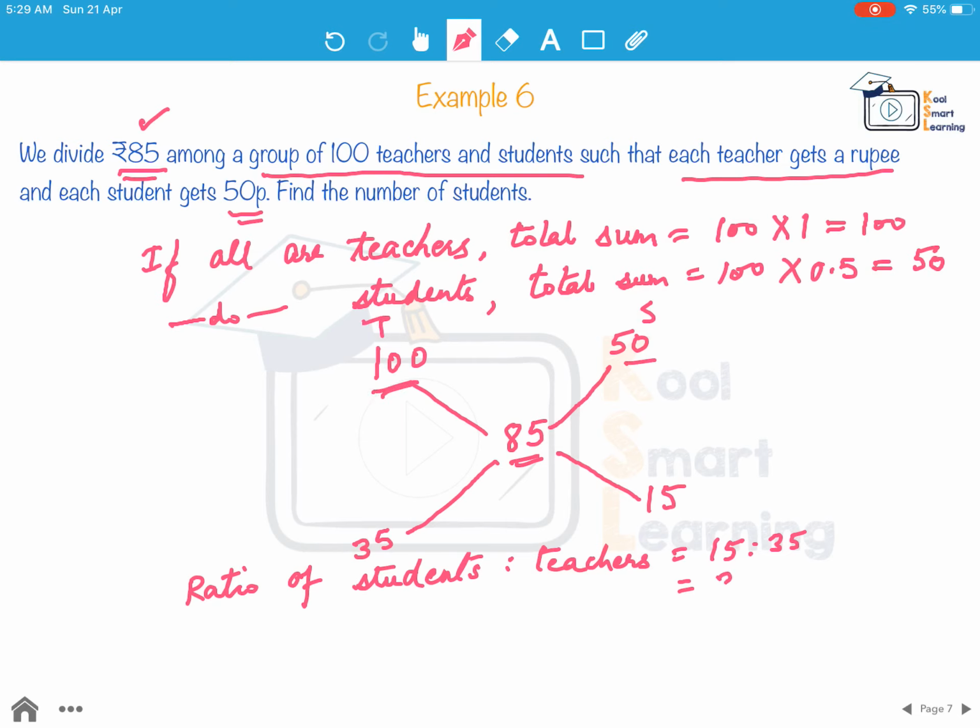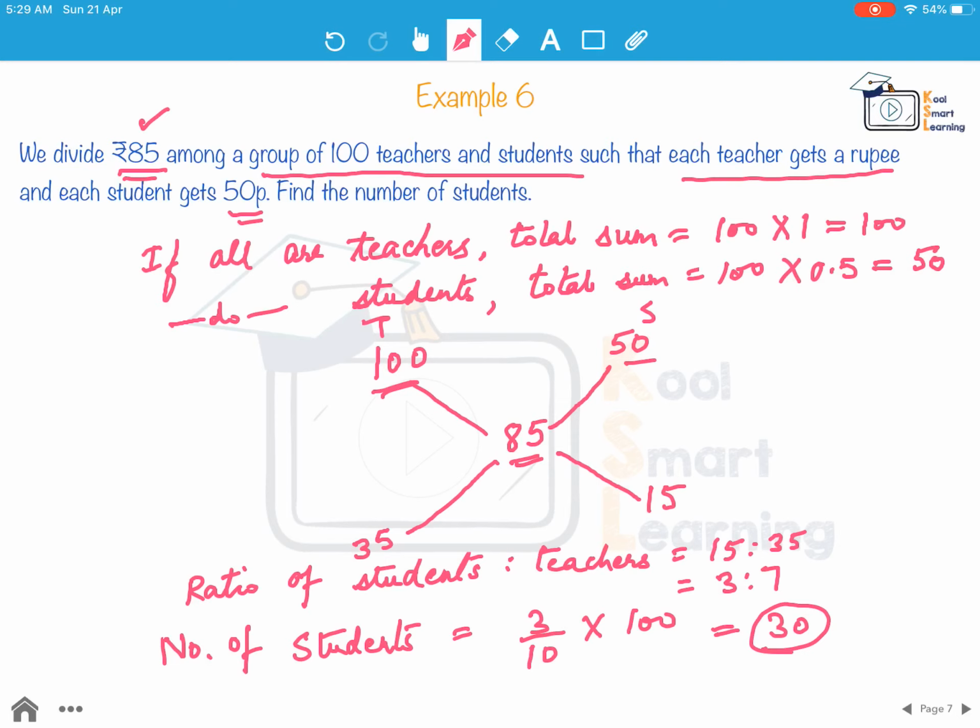So this is 3:7. So we can say the number of students that we have to find out becomes 3 by 10 of the total, which is 100. So this is 30 students we have amongst this group of 100 teachers and students.